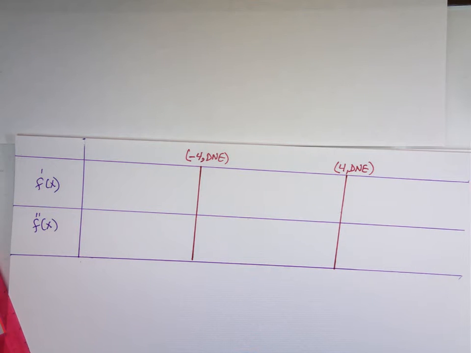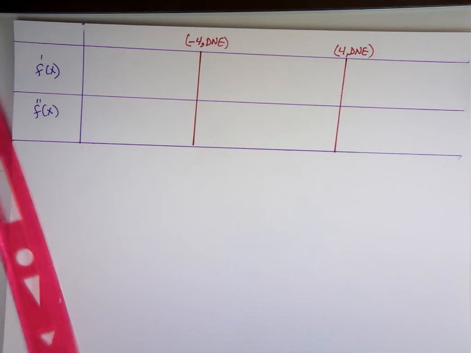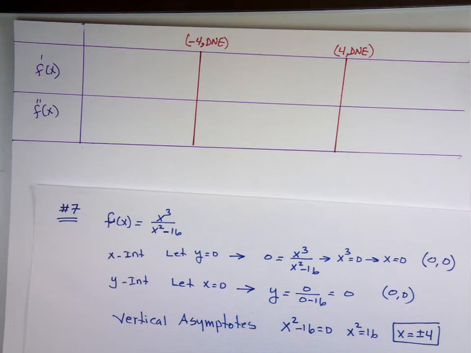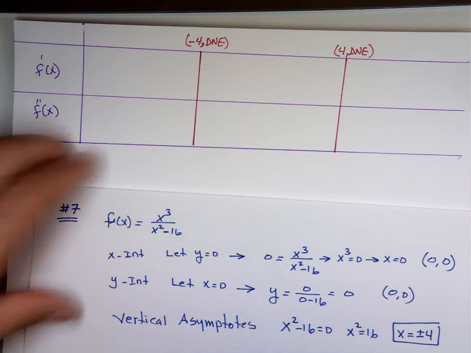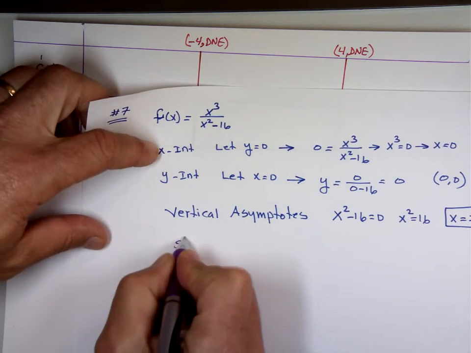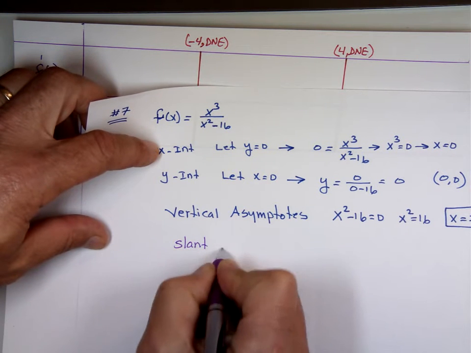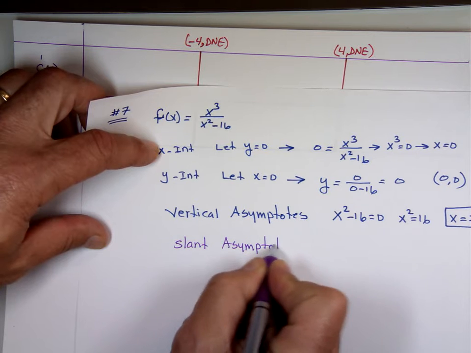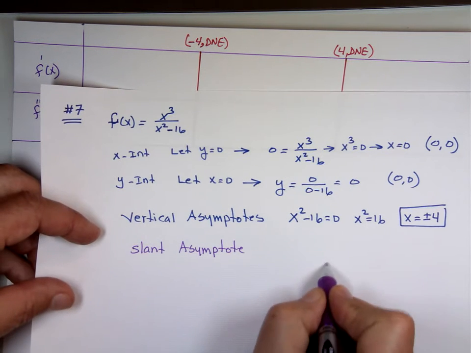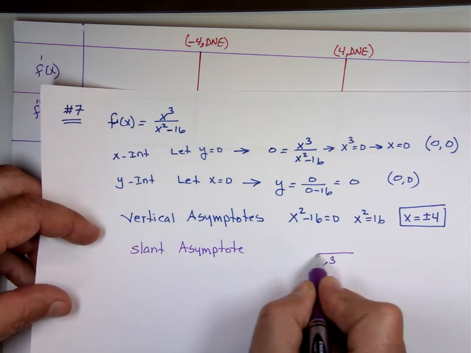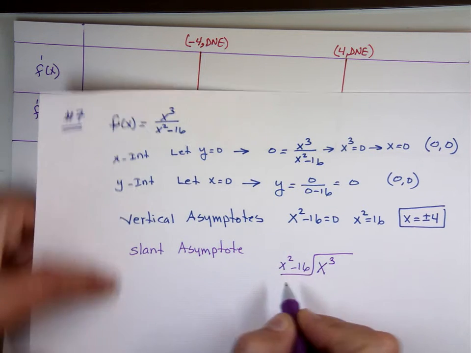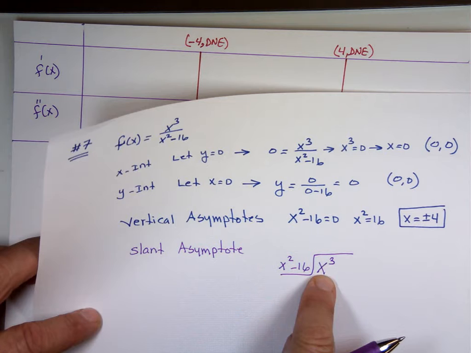Since the top is higher than the bottom, we find the slant asymptote. And to find the slant asymptote, I got to divide these by doing long division. We take x cubed and we try to divide that by x squared minus 16. What is x cubed divided by x squared?